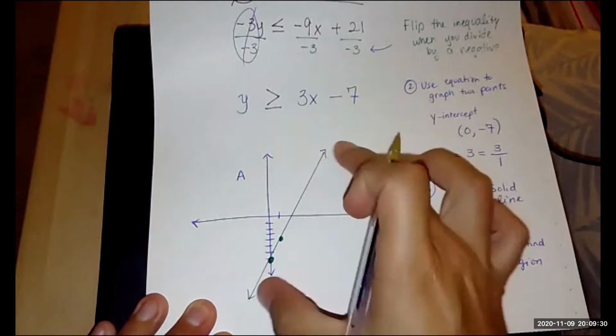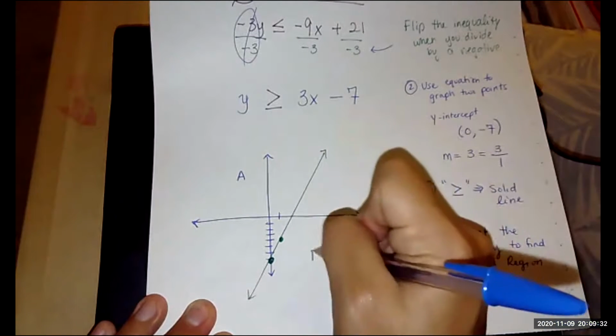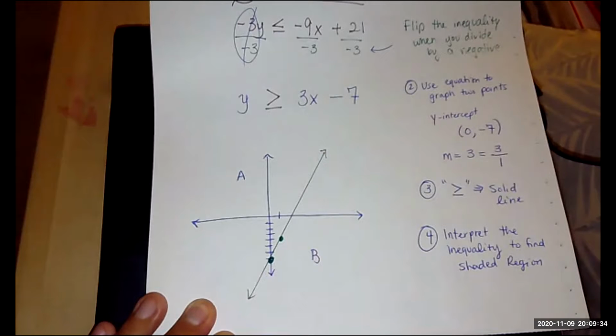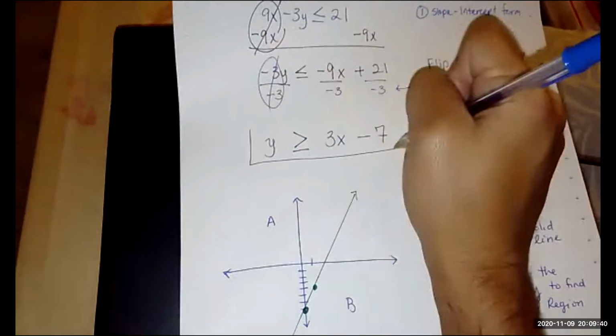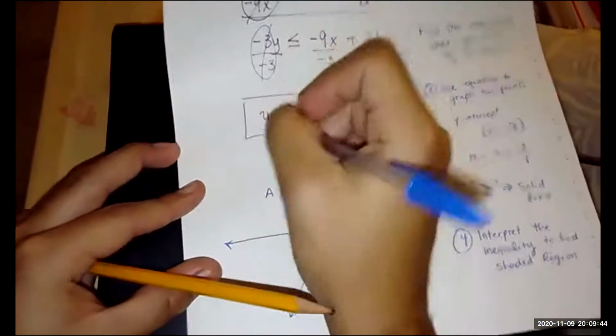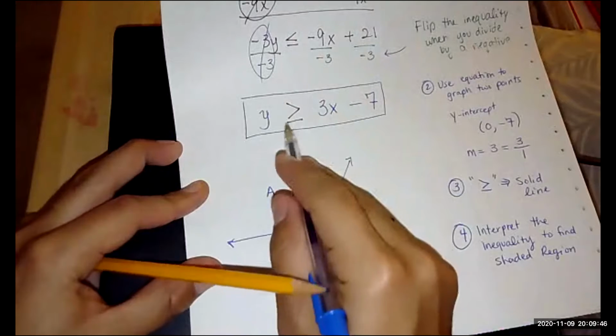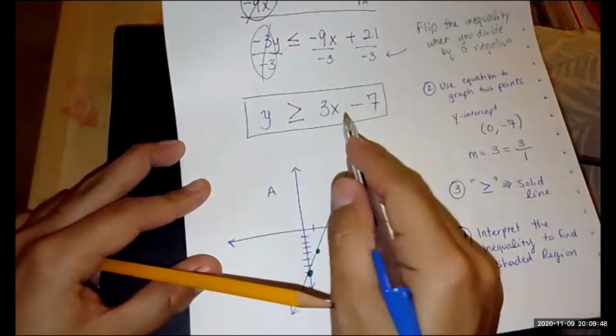And let's call this region below the line B. And what I mean by interpret the inequality is that we're going to look at this inequality here, and we're going to read it to ourselves as y is greater than or equal to the line.